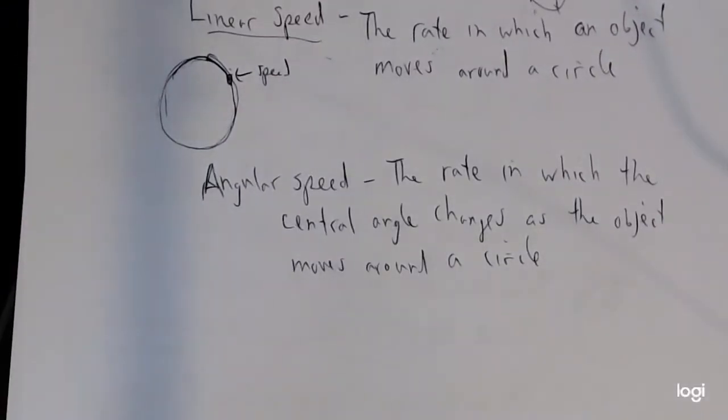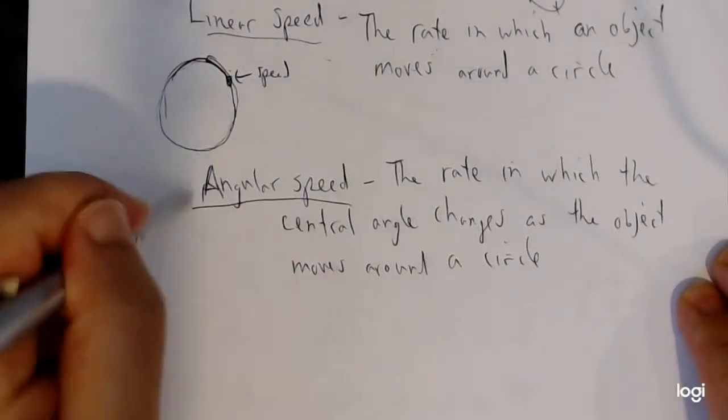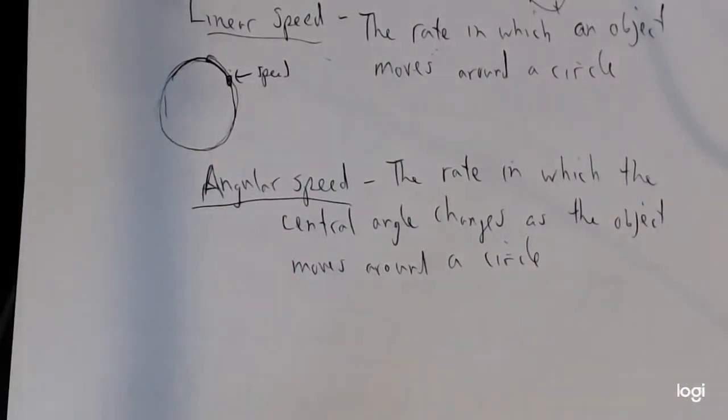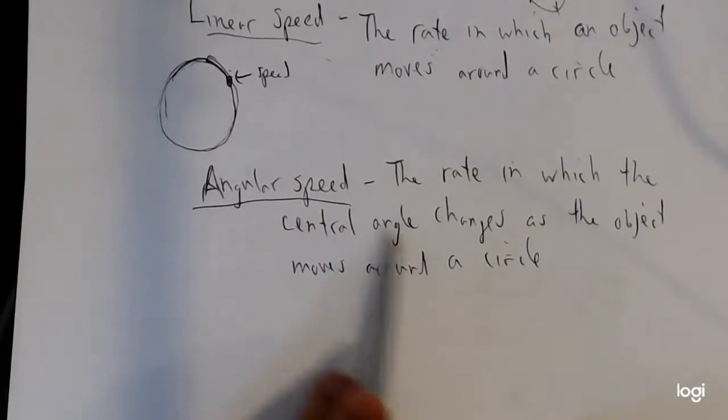Okay, so notice how angular speed has to do with what? And the name itself should tell you. It's the speed, or it's the rate in which the angle changes.